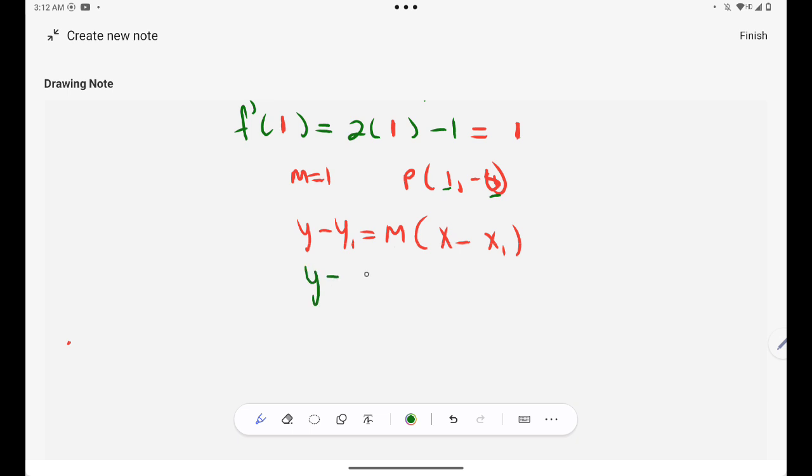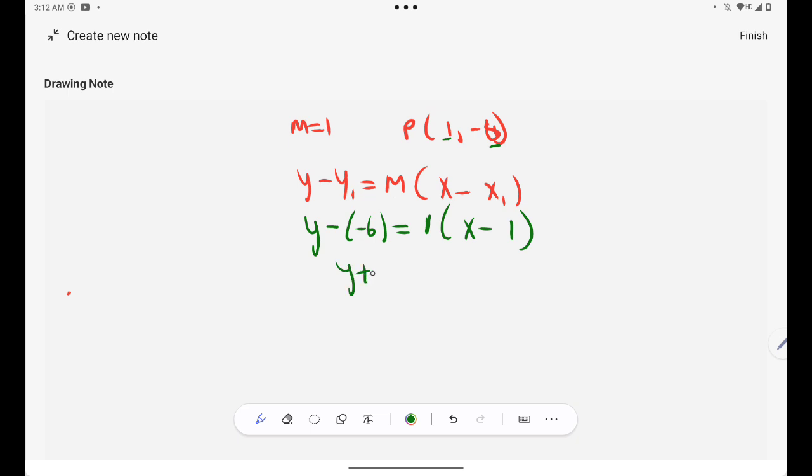So y minus y1, which is negative 6, m is the gradient, then I'll have x minus 1. I have y plus 6 is equal to x minus 1. y is equal to x minus 7. The equation of my tangent would be this one.